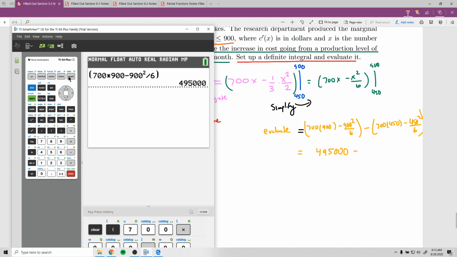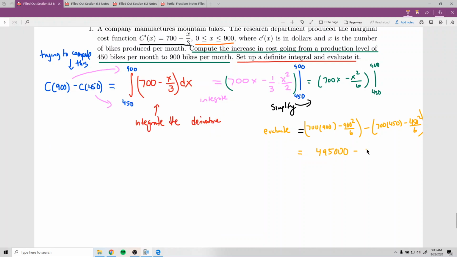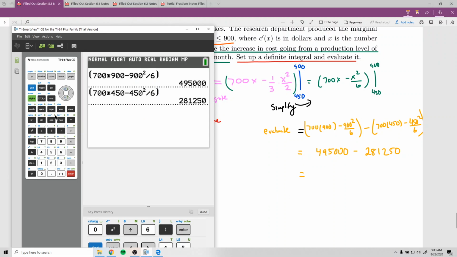And then for the second one we replace with 450. And we got 281,250. And subtraction in between.